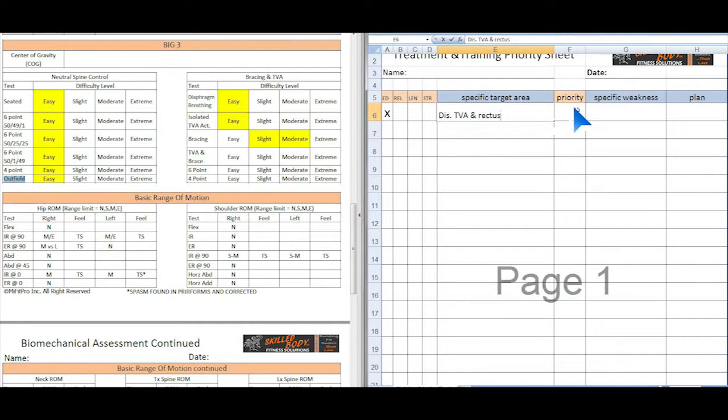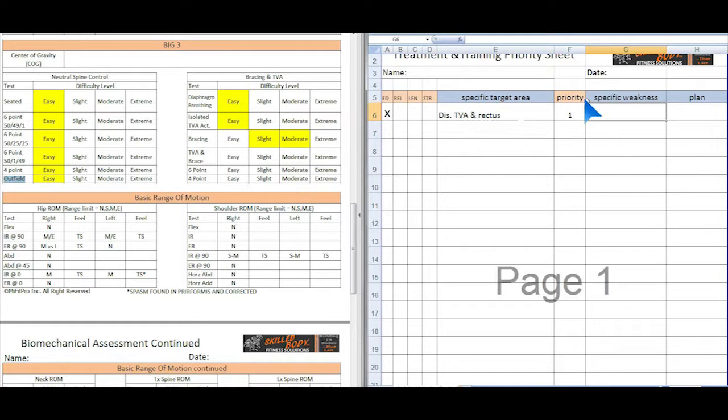Okay, so a priority for that. This is definitely a priority 1 item because every time he contracts his rectus to stabilize himself, he's partially pulling himself out of neutral spine. So this is definitely a priority 1 item. And then for specific weakness, it's actually in the target area here.